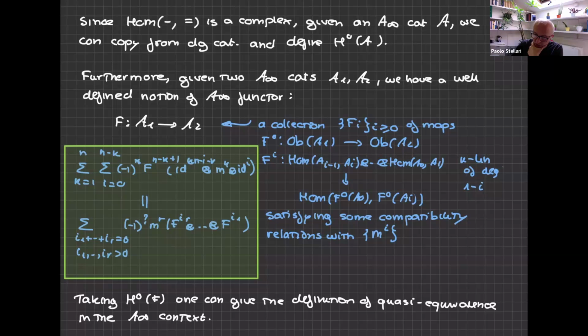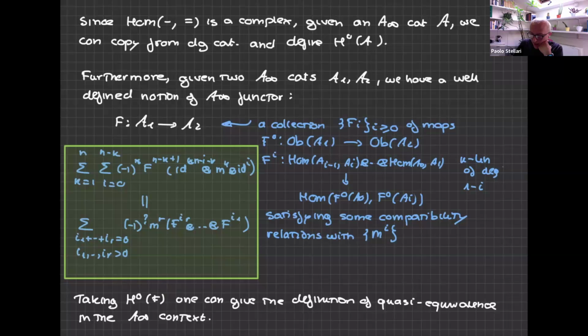And the fundamental condition is that this collection of f_i's must be compatible with the m_i's we defined before, according to this equality. Again, somehow the signs are not precise in this case. But the key point is that in any case, we can look at the H0 of any infinity functor, and then it makes perfect sense to define the notion of quasi-equivalence also in the A infinity context.